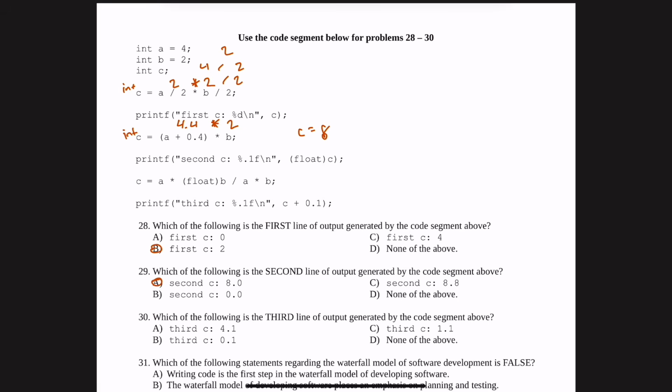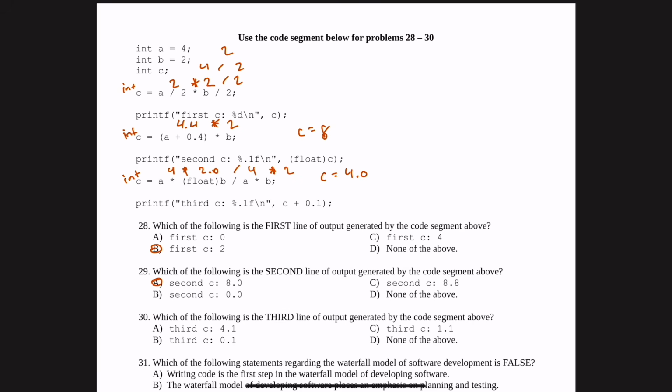Moving on to question 30, we have integer c is equal to a, which is 4, times b cast to a float, which is 2.0, divided by a, which is 4, times b, which is 2. So 4 times 2.0 is going to be 8.0. 8.0 divided by 4 is going to be 2.0. 2.0 times 2 is going to be 4.0.